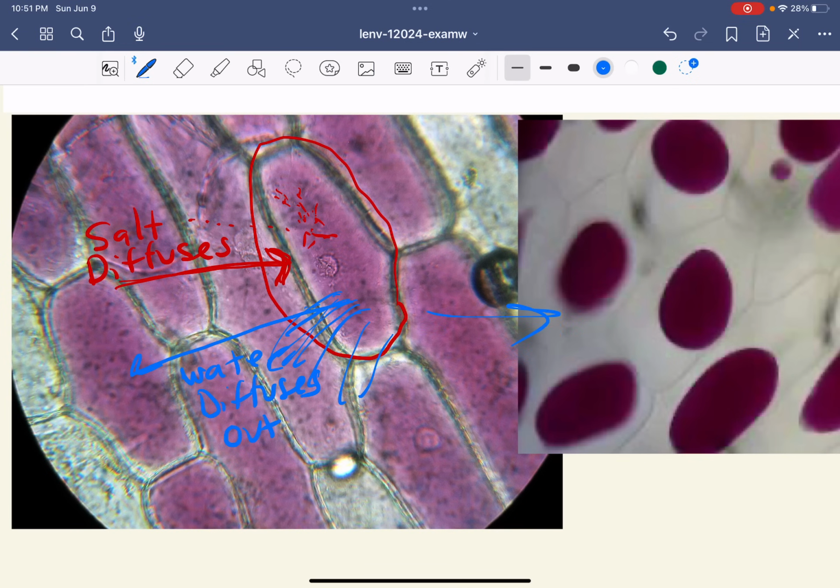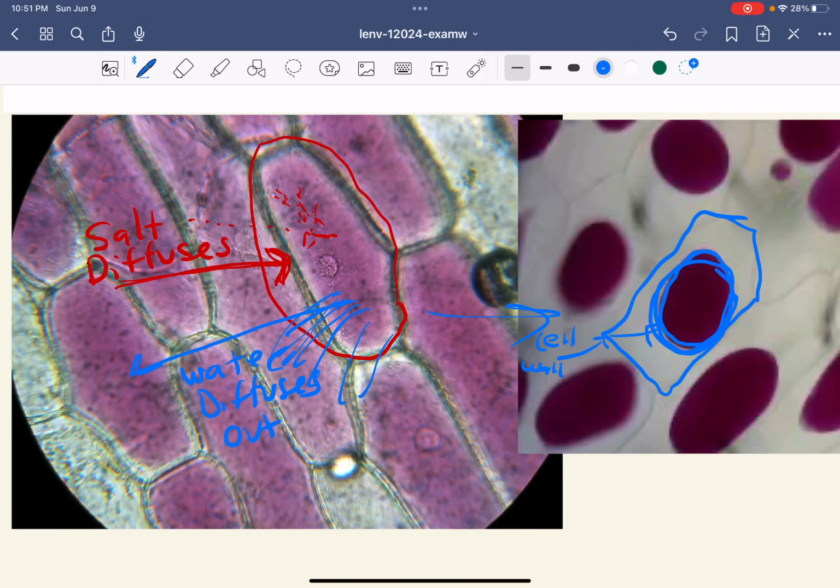What do you think is going to happen? This is what you should have observed. The cell membrane shrank, because remember the outermost part is the cell wall. The cytoplasm shrank, the cell membrane shrank. It shriveled up.